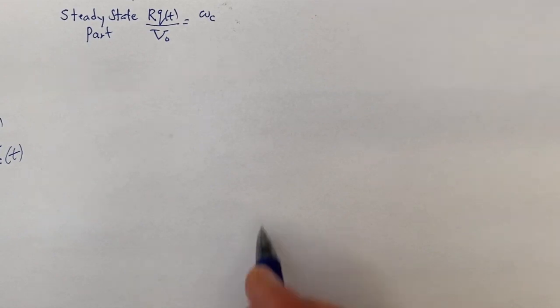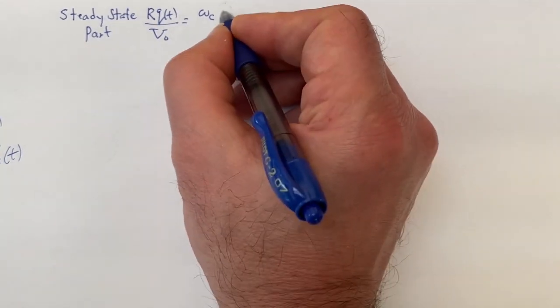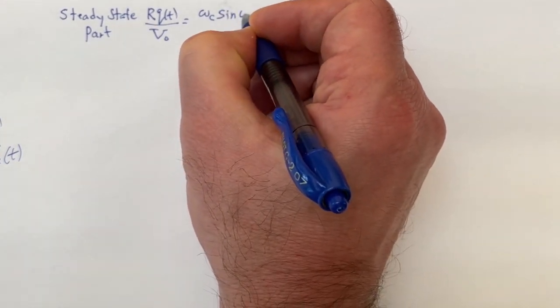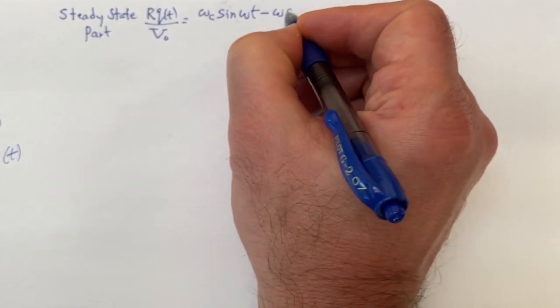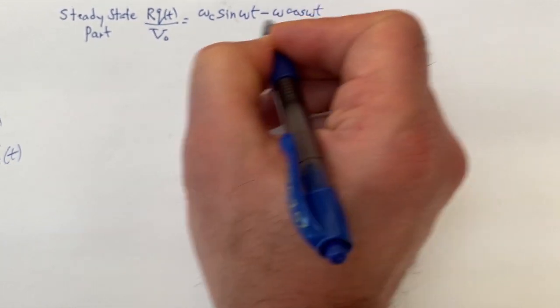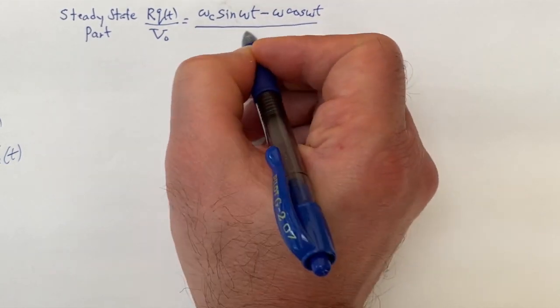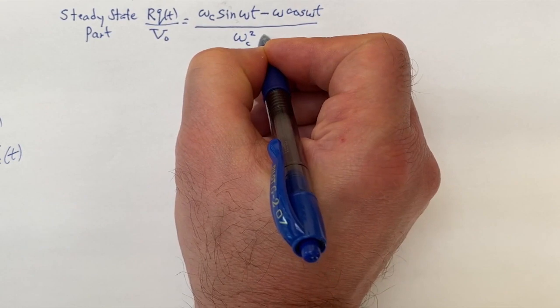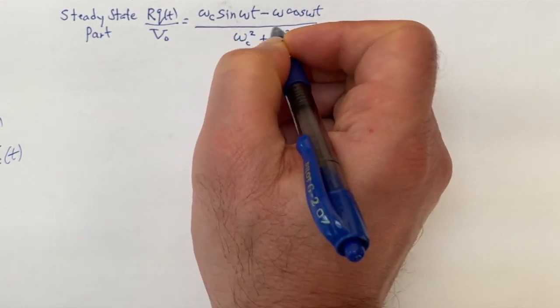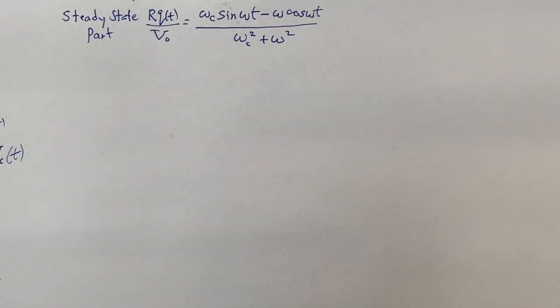So that would be omega sub C times the sine of omega t, and then we had a minus omega times the cosine of omega t, and all of that over, it was lambda squared, now it's going to be omega C squared plus omega squared. So that's what we have.